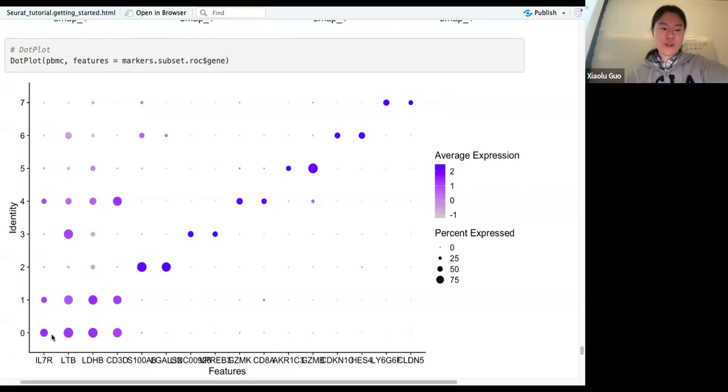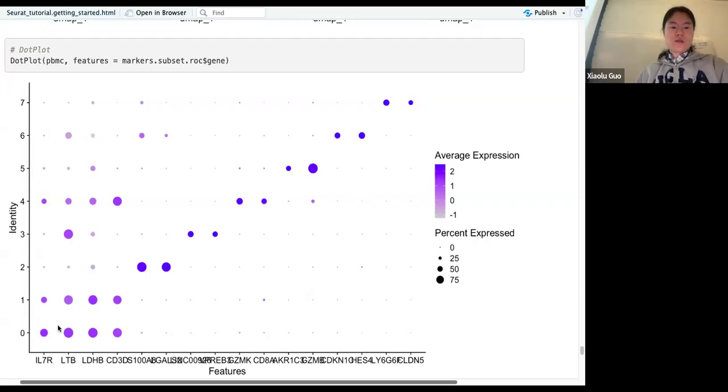So if this is a really good cell marker, then we would expect it to only have values on the diagonal. On the diagonal, we will see high color, meaning high expression, and also a large circle, which means a higher percentage of the cells expressing that gene.